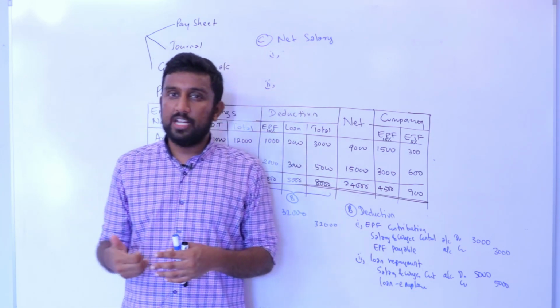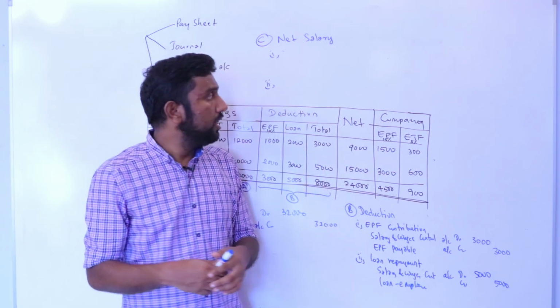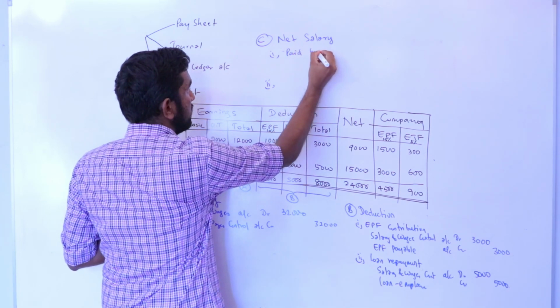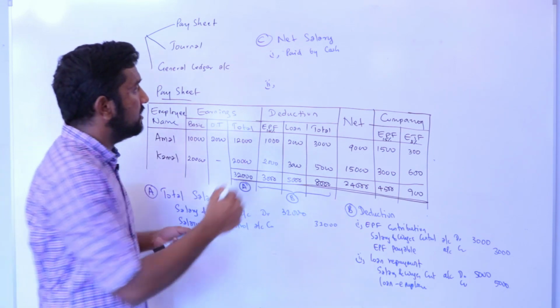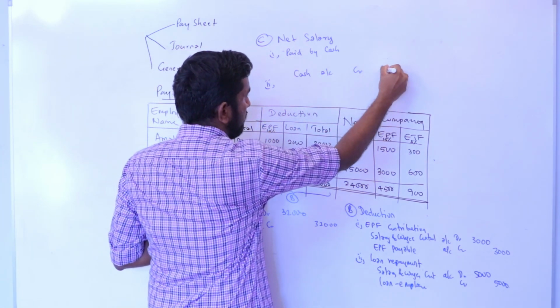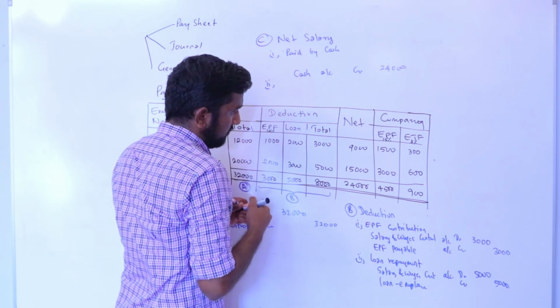So if it is the second day of the next month, this will be transferred to the payable account, right? So let's say paid by cash first way. So if it is paid by cash, obviously we know cash account credit 24,000, which is net, which I would say is C, right?